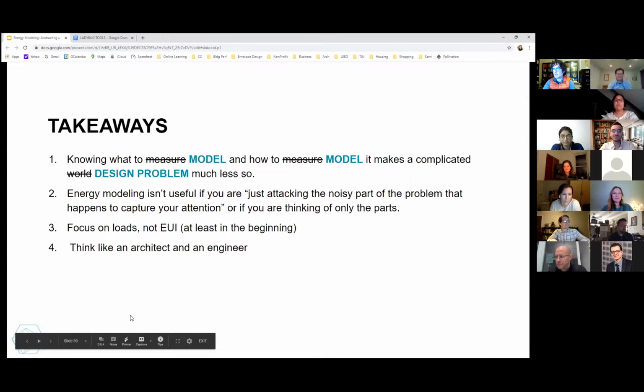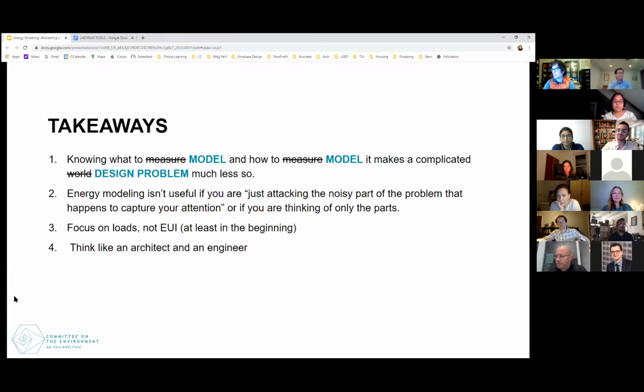And we want to focus on loads. This is actually, I should probably put that one first. Focus on loads, not EUI, in early concept design. EUI is always going to be there, and it's still a very good metric for comparing buildings, but that's what it's useful for. It's useful for comparing one building to another building. It's not useful in design, right? Yes, for net zero buildings, we need to reduce our EUI.